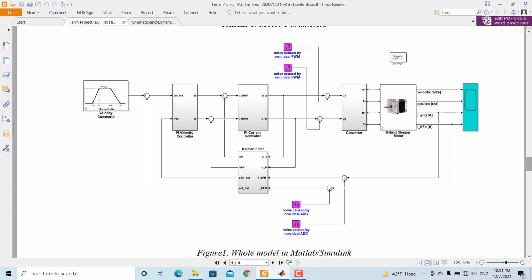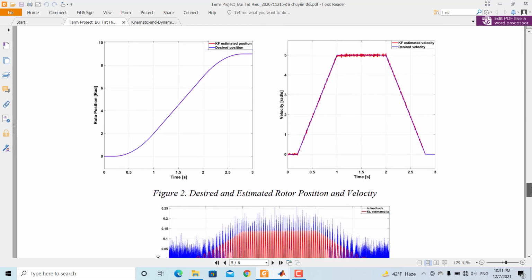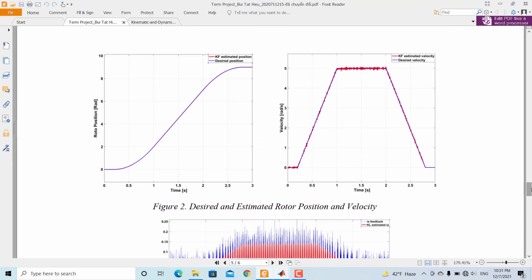You can find the MATLAB Simulink code in the Google Drive link I added below. And figure 2 shows the real and estimated rotor position and velocity.